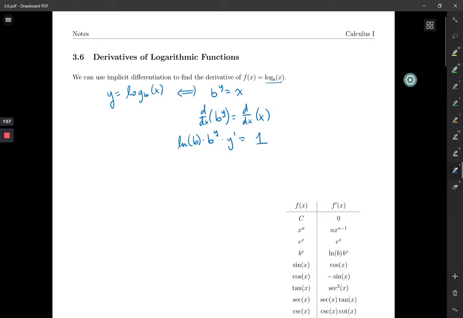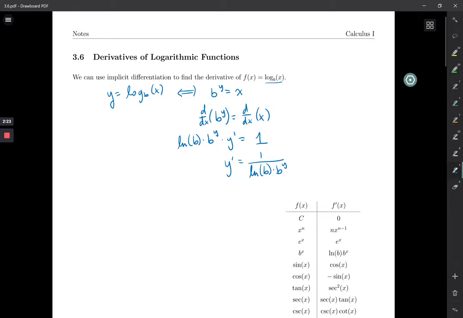And so this equation is pretty simple to solve. We need to divide by this stuff to get y prime by itself. So we get 1 over the natural log of b times b to the y. Okay, now that is an answer, and it's pretty easy to get this back into a form where we only have x in it instead of y, right?